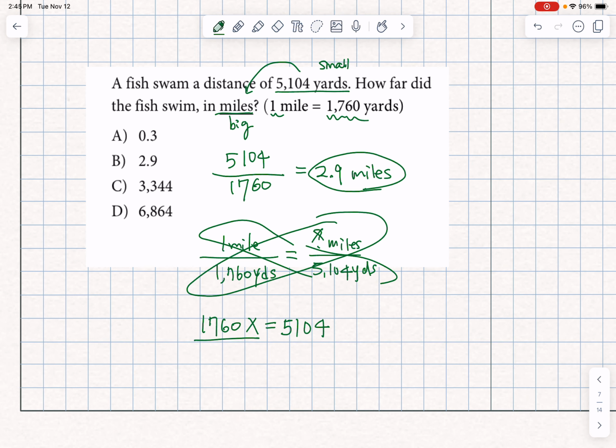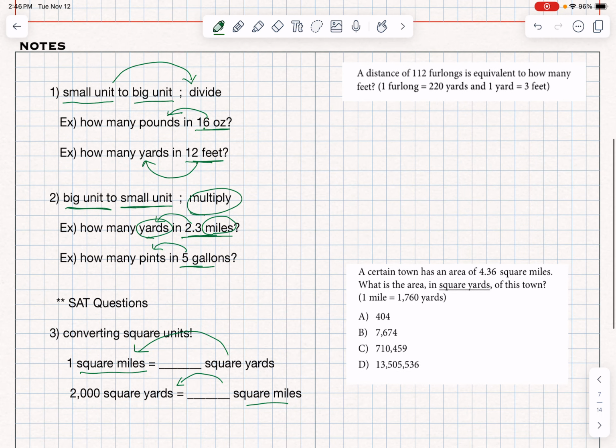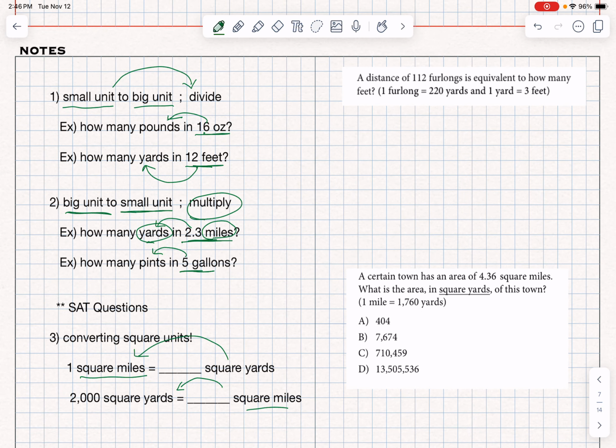And divide by 1,760. You get x as 2.9, so the number of miles in the given 5,104 yards will be 2.9 miles. So either way is fine. But remember, if you want to convert big unit to the small unit, multiply. Small unit to the big unit, divide.